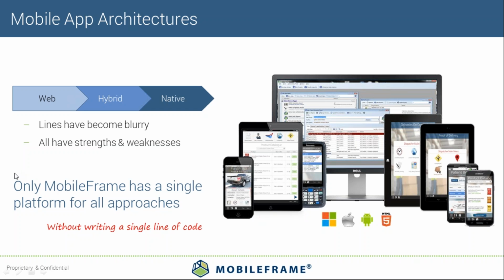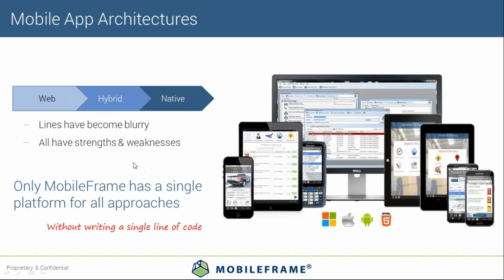You have the ability to use MobileFrame as a single platform for all of these approaches, whether that's a web desktop type of application for management and tracking of ELD, the logbooks, or some dispatch functions, or a native application that runs out in the field and can run in a disconnected or a connected mode. The big difference between those two is that a native app can still work if I don't have an internet connection, whereas a web application requires an internet connection for you to go through the application, gather information and complete the steps.